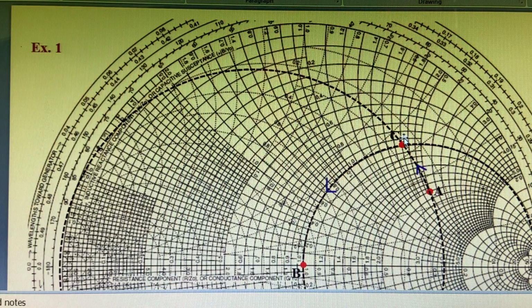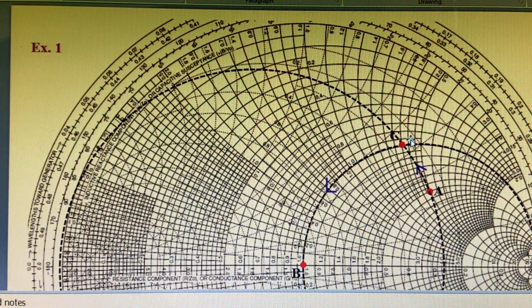The value of this susceptance circle is 0.4. This is another susceptance circle, it is 0.4, but this circle and this circle, they are not passing through the point C.